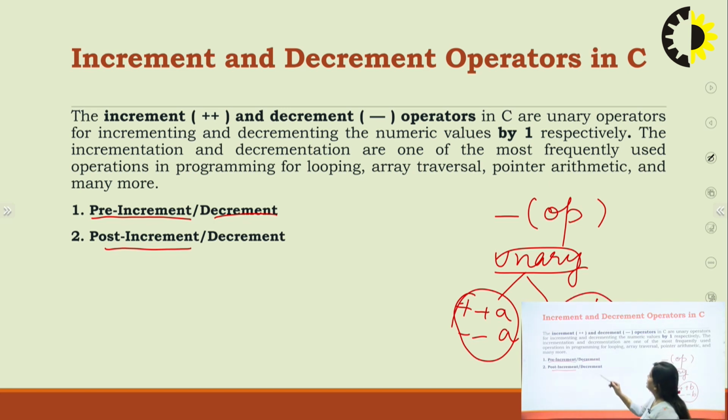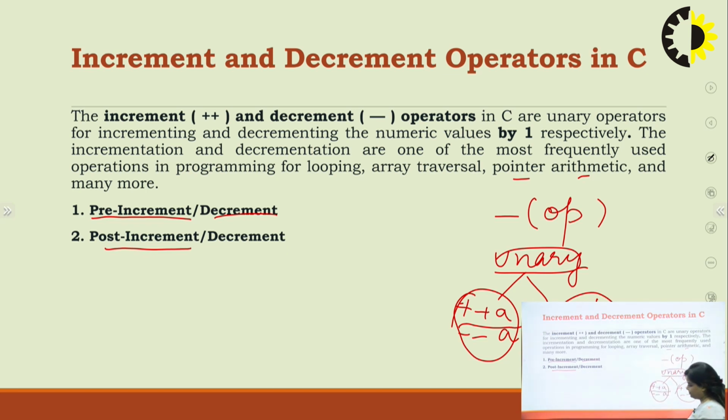With the help of increment and decrement, numeric values change by 1. Increment and decrement are one of the most frequently used operations in programming for looping, array traversal, pointer arithmetic, and many more. As I told you, that's also an important operator.